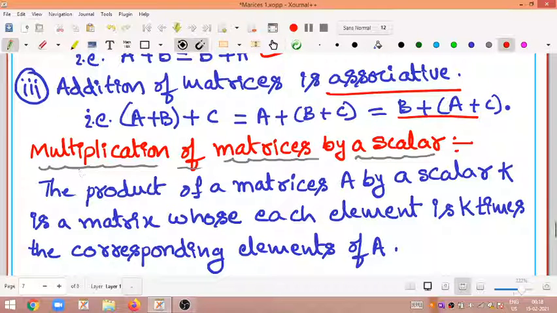That is multiplication of a matrix by a scalar.